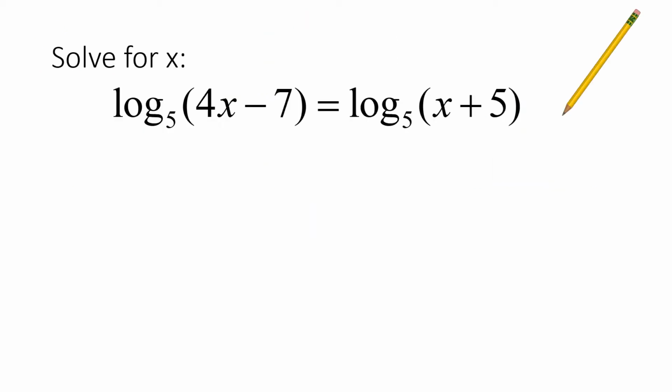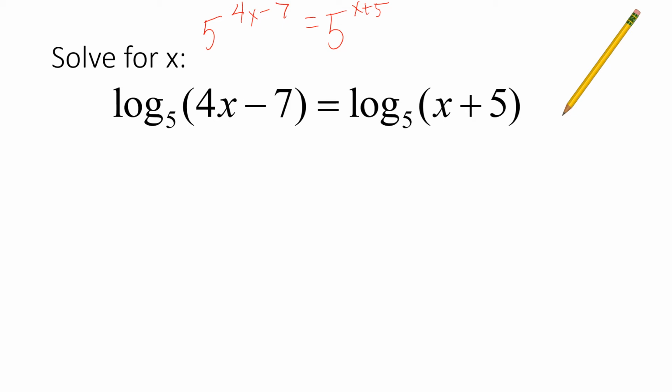There are two ways that we can solve throughout all these problems. If we have both sides of the equation with log base 5, like in example number 1, this is just like if we had 5 to the 4x minus 7 equal to 5 to the x plus 5. When we had common bases, we could set those exponents equal to each other.